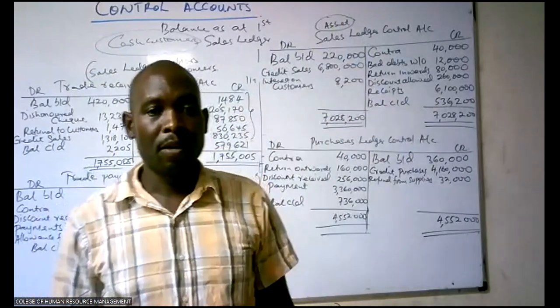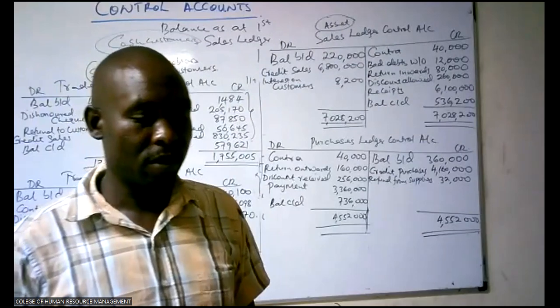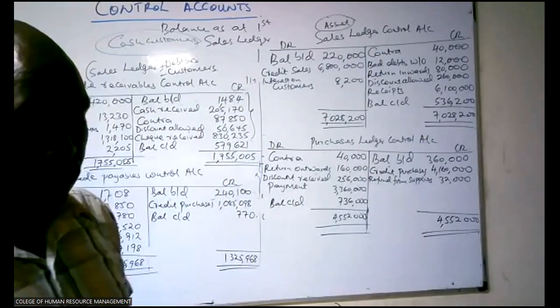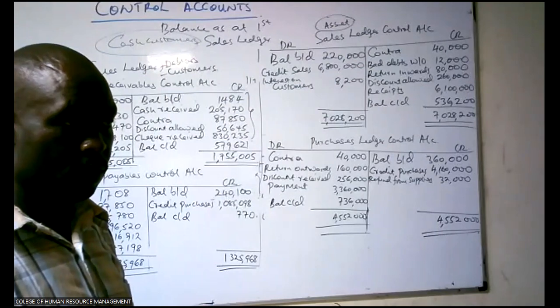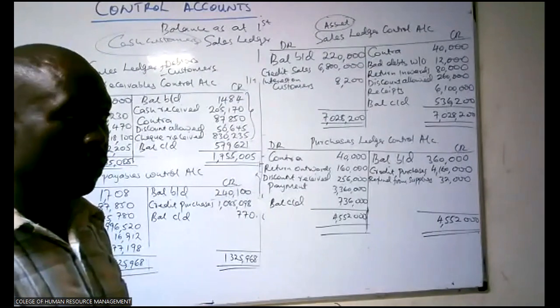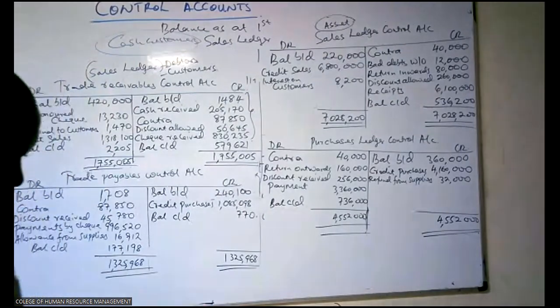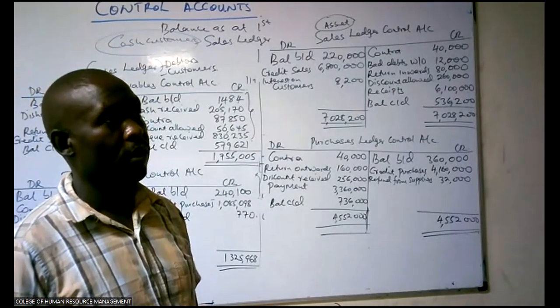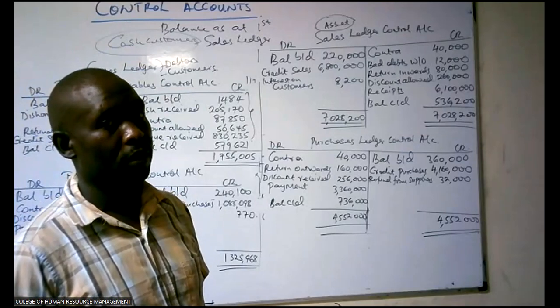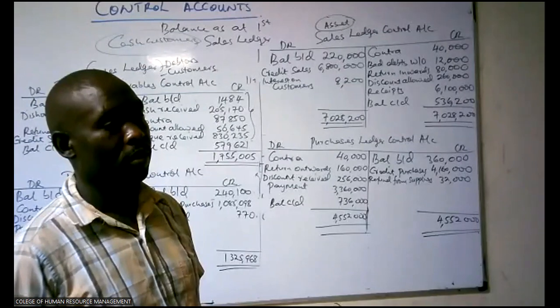Mwalimu, I have a question. I think I might be confused on this issue of refund. When we are doing the formats for the purchases ledger or trade payables, on the credit side, when liabilities increase, we credit, right? Correct.